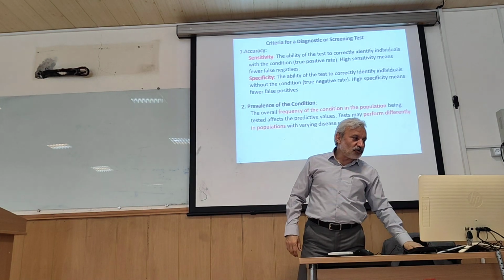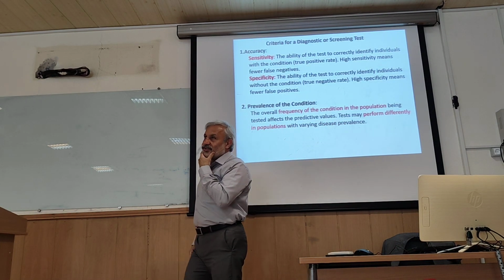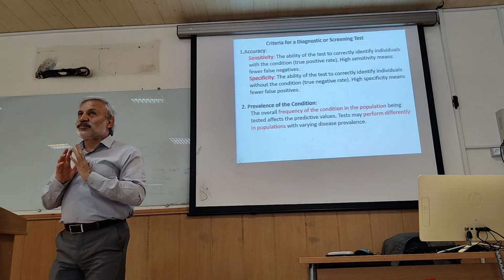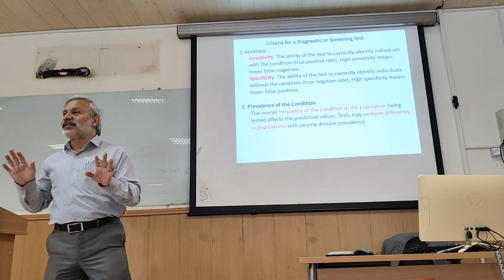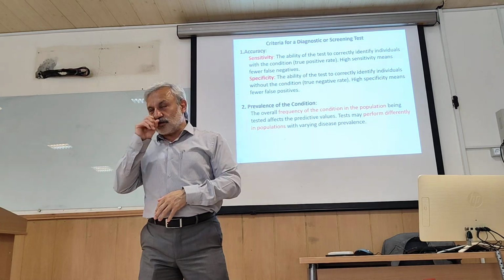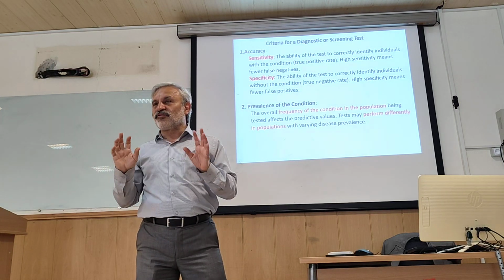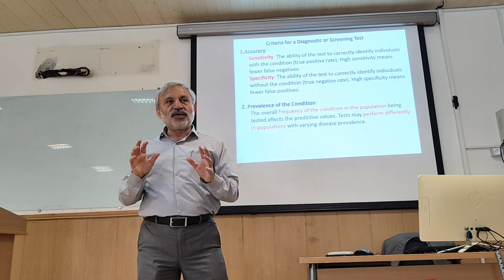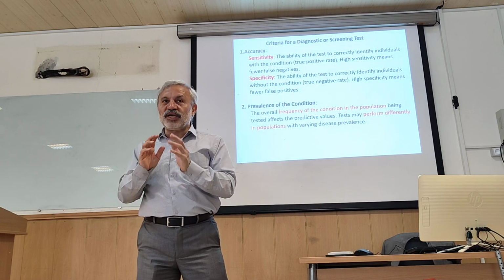Okay, so what I am speaking about doesn't matter whether it is a genetic test or a blood test or whichever kind of test; it is a test in medicine.